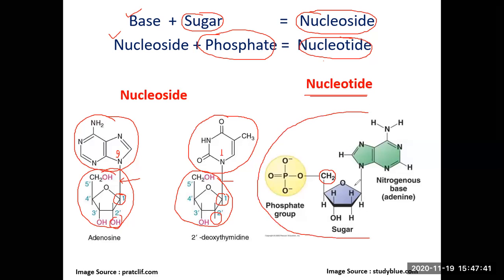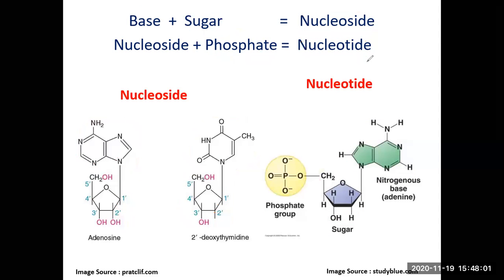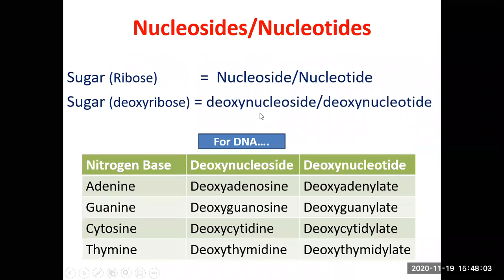So you have a sugar, which is a deoxyribose sugar, because there is no oxygen over here. You have a nitrogen base, here a purine ring. And you have a phosphate. So when these three are together, the resulting compound is called a nucleotide. Okay, so when the sugar is ribose, then when it combines with the nitrogen base, the resulting compound is called a nucleoside.